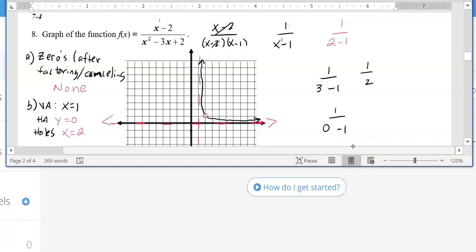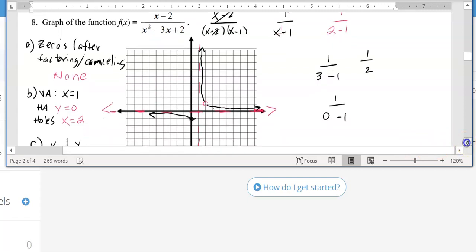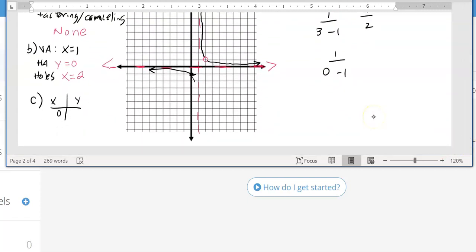So 0, -1 is on the graph. And that's really all I need, because according to part A, I never cross the x-axis, no zeros. So I'm going to be going through this point, following this horizontal asymptote forever, and then following this vertical asymptote forever.